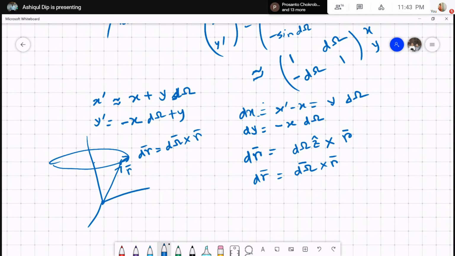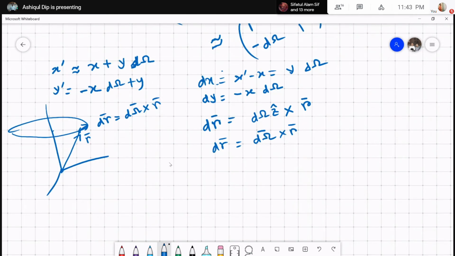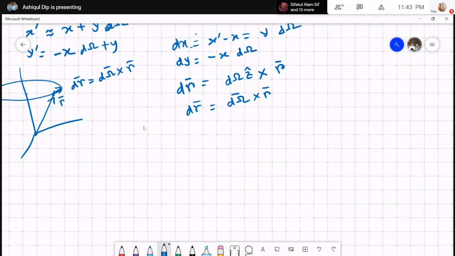Okay, this is going to be an interesting result, because if this infinitesimal change takes time dt, then we can say that dr over dt is basically the velocity of that particle as seen from this frozen coordinate system, that means the static one, equals omega cross r, right?